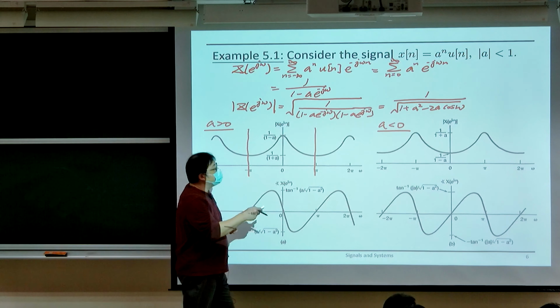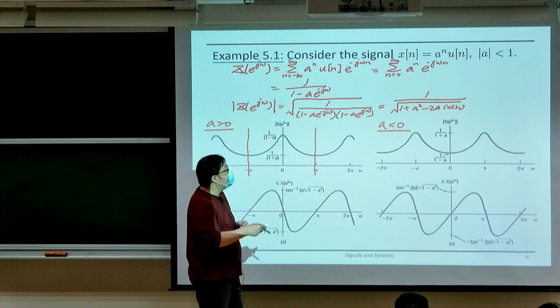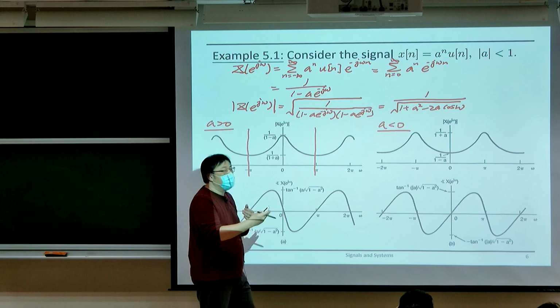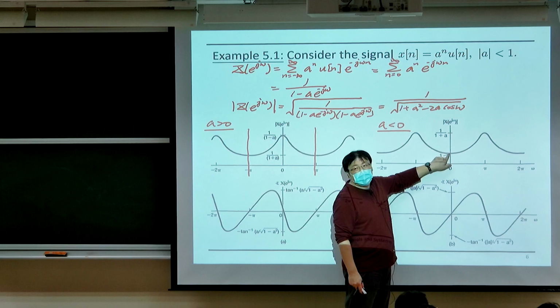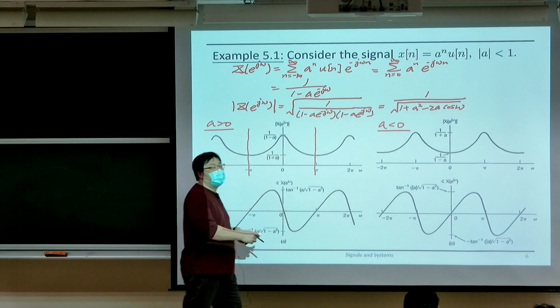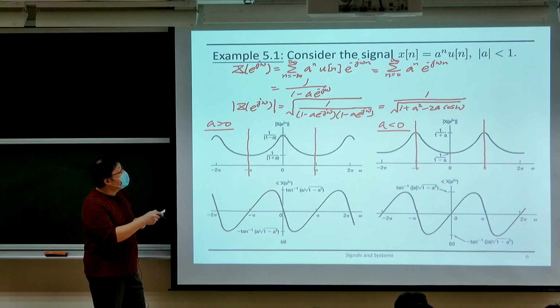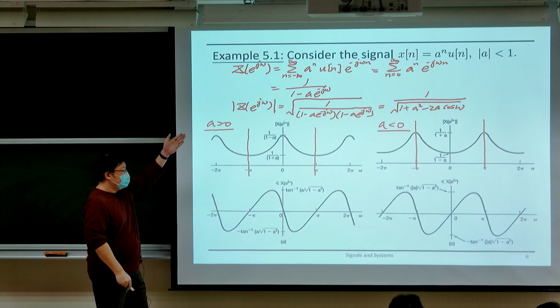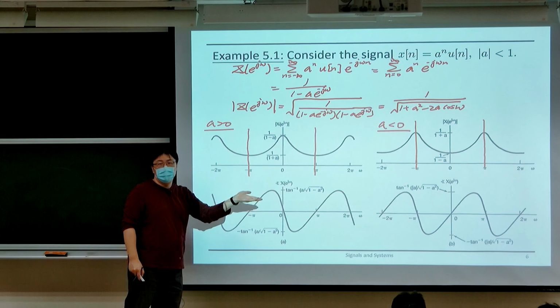Now, on the other hand, if a is less than 0, then as omega goes from 0 to pi, this instead becomes larger and larger. So when a is less than 0, you have the lowest point at frequency 0 and peaks at high frequency. Okay? So this result actually is not surprising because if you observe this signal, when a is greater than 0, then a to the power n is just a smoothly decaying exponential, okay?